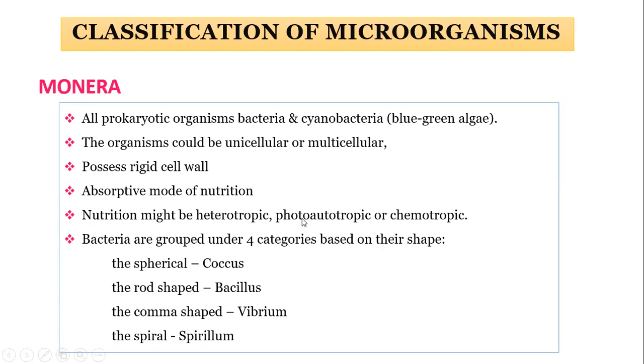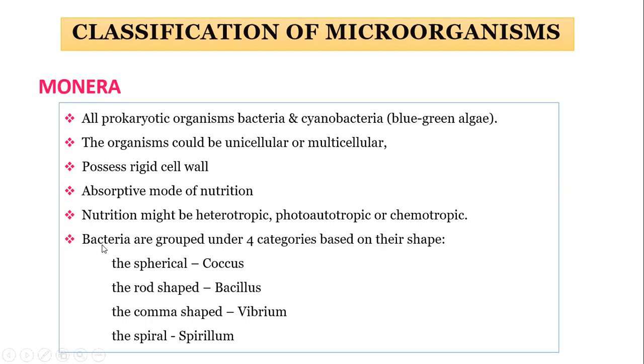Photoautotrophs depend on the light source for photosynthesis, and autotrophs use carbon dioxide as a source of carbon. And chemotrophs depend on organic compounds for their energy and electron donor sources.